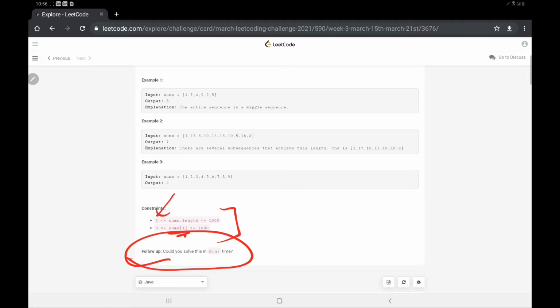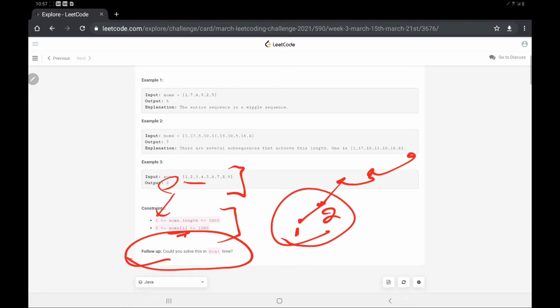Okay, let's see how we do this, and let's see this case first. This is a case of an increasing sequence, 1 2 3, and it's increasing. So how come this is a wiggle sequence? The output is 2, because this is 1 and this is 2. If we have to find the minimum, then the minimum will be 2 only.